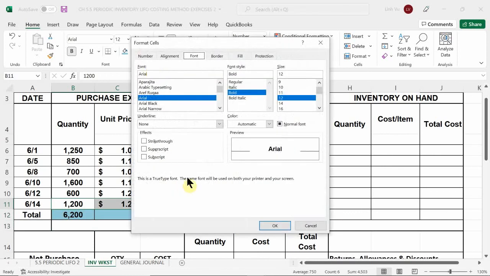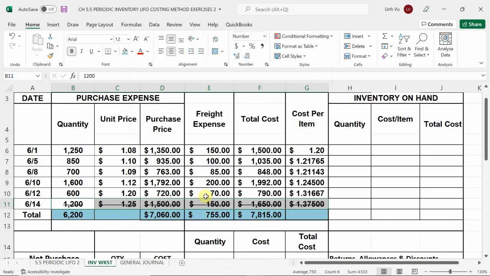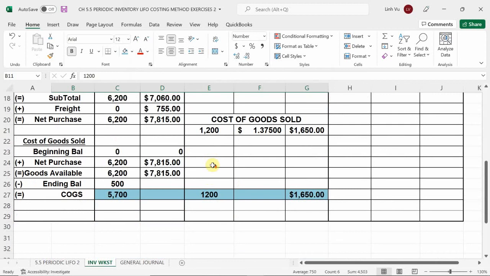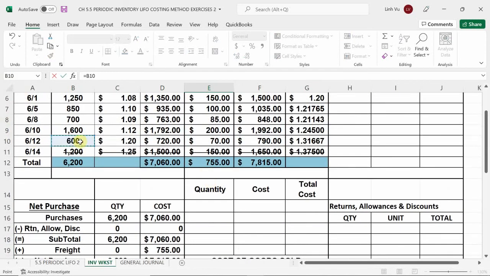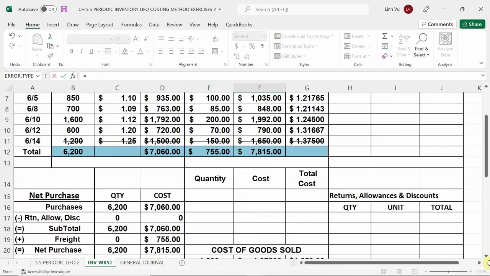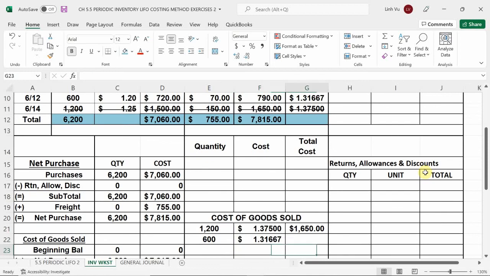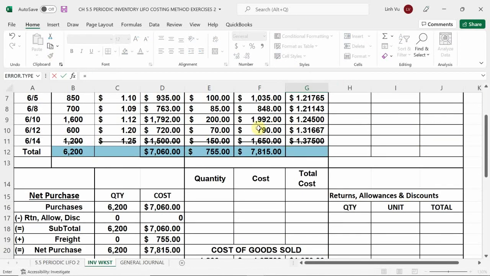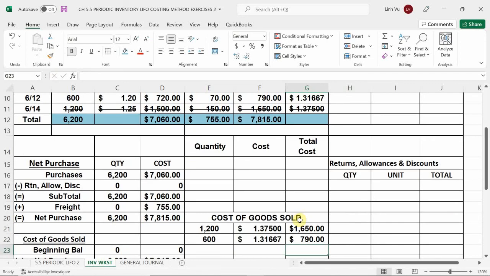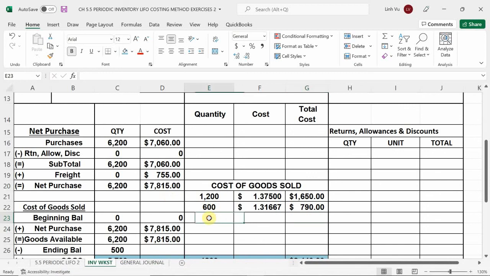We're going to get rid of my 600 at $1.3166666666. In this case, we don't need to solve for it because we already know it's going to cost me a grand total of 790 units.